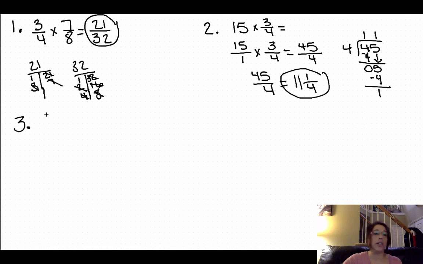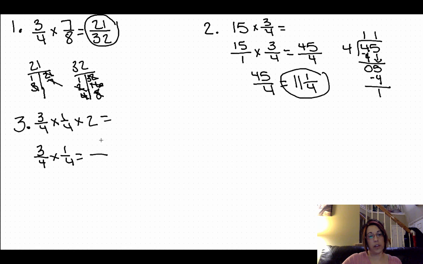Let's work a couple more together. We have 3/4 times 1/4 times 2. Now this one I'm going to tell you to do step by step. 3/4 times 1/4. 3 times 1 is 3. 4 times 4 is 16.